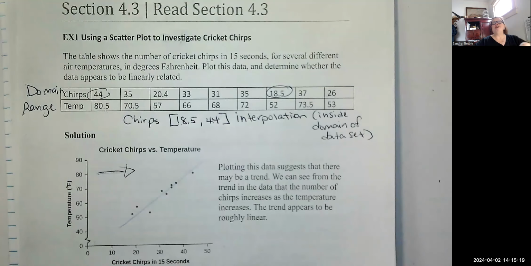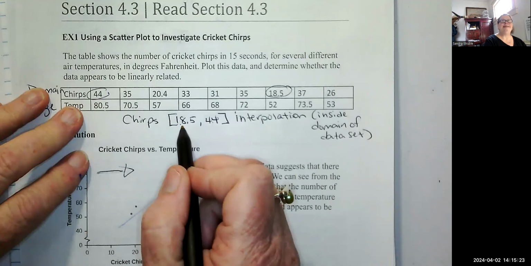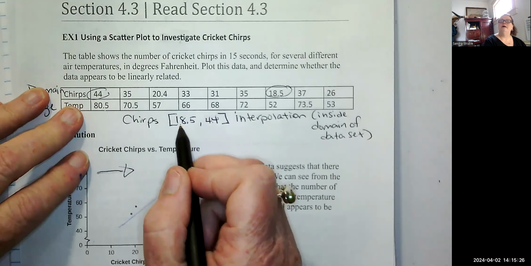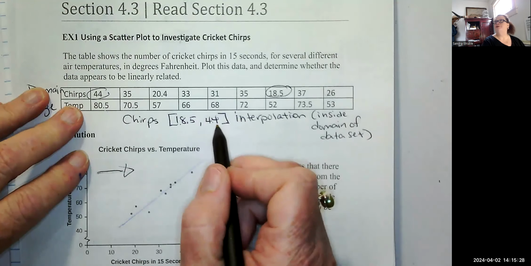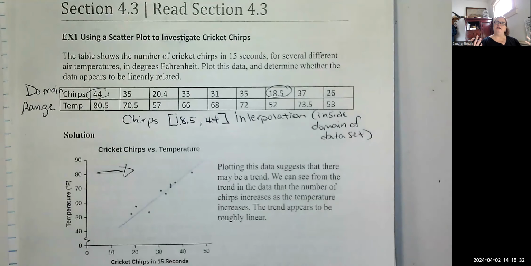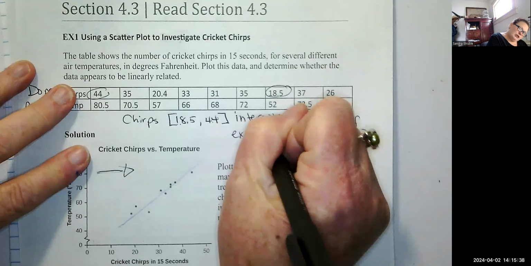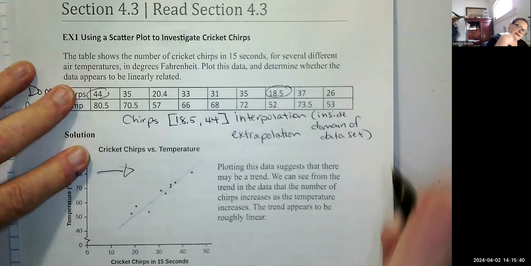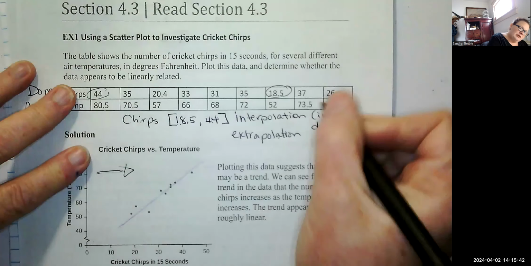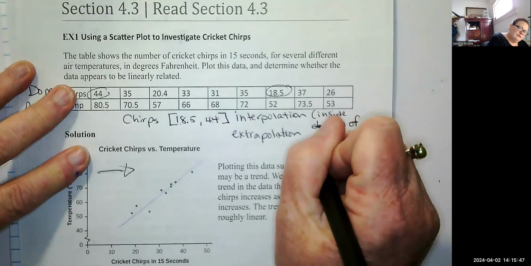If we get any numbers that are outside, even if it's just 18.4 or 18.444449 up to 44.00000 whatever, anything outside of the domain is going to be extrapolation. Extrapolation is out of, well, you don't even need domain here, inside data set. Extrapolation is outside the data set.